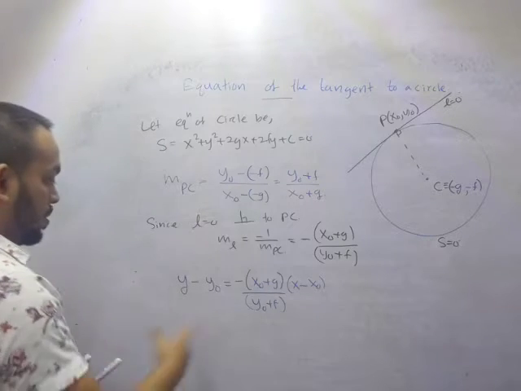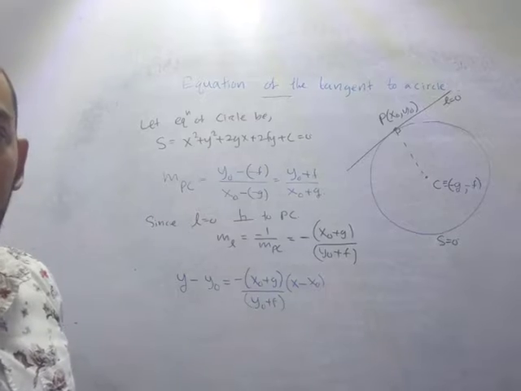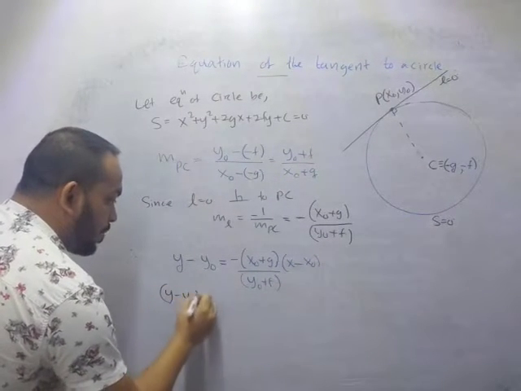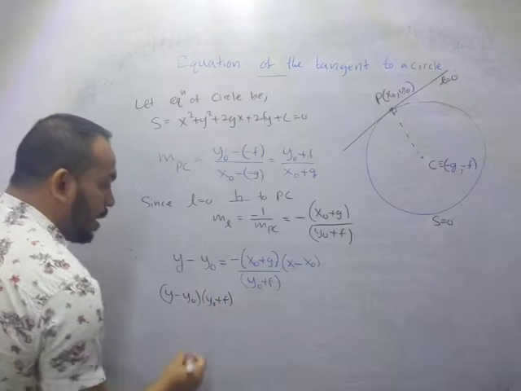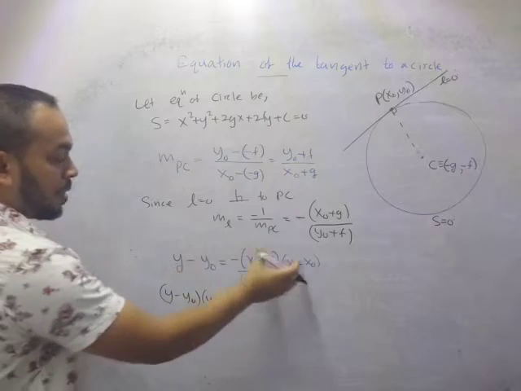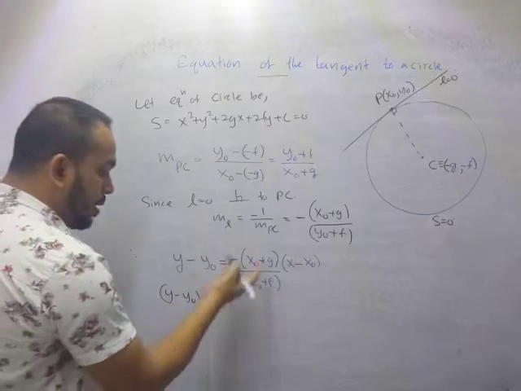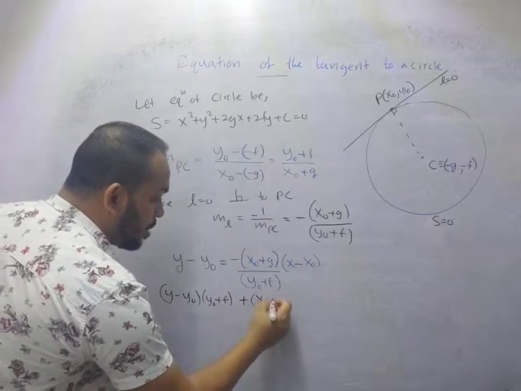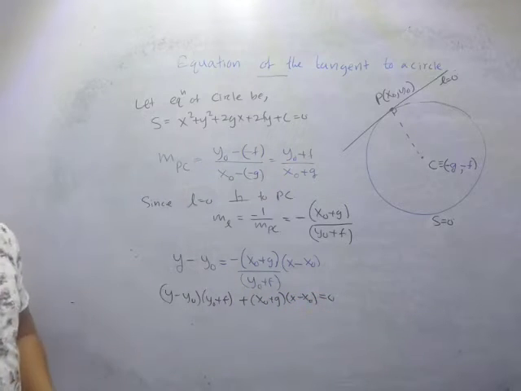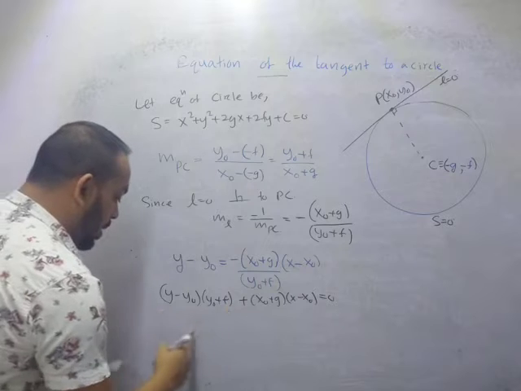Good. Now we'll solve this equation. If I cross multiply this, (y minus y0)(y0 plus f) equals minus the product of this. I'm going to bring it to the left-hand side, then it becomes plus (x0 plus g)(x minus x0) equals 0. Then I'm going to simplify these brackets.